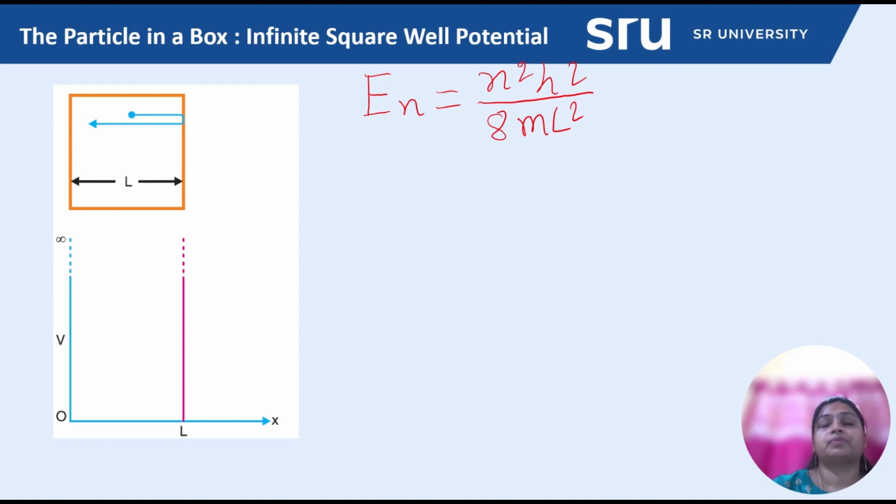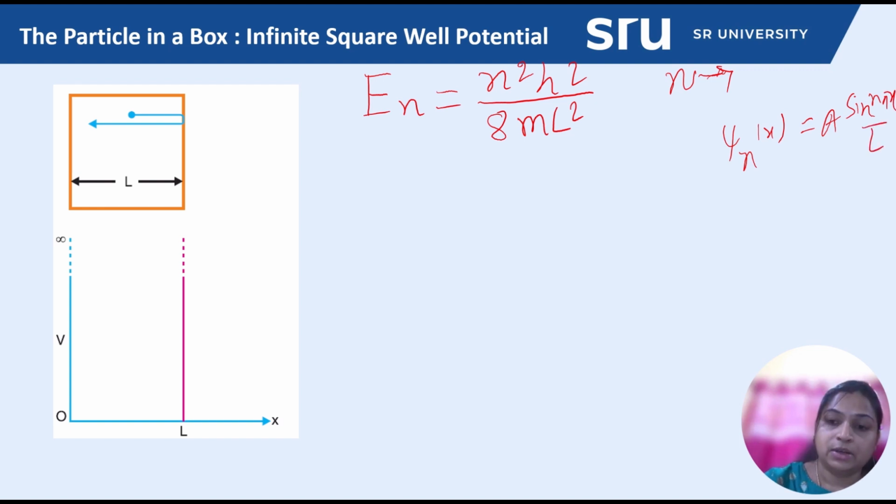For a particular n value there is an energy level, and the corresponding wave function is given by psi n of x is equal to a sine of n pi x by L. From here we can find psi 1, psi 2, psi 3 for the corresponding energy levels, with n values 1, 2, 3, 4.